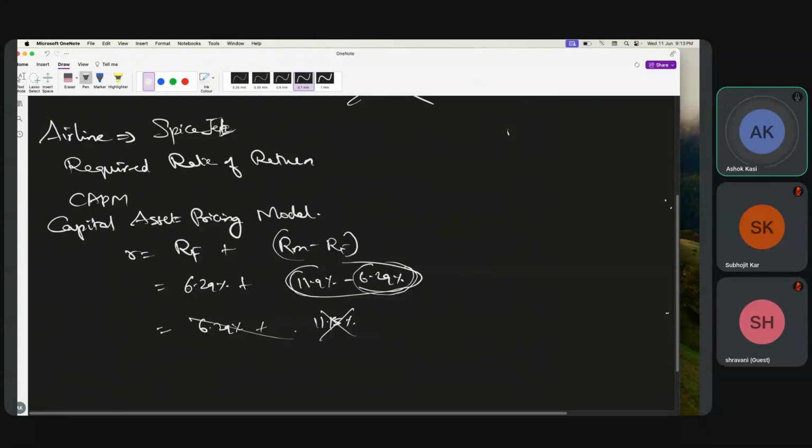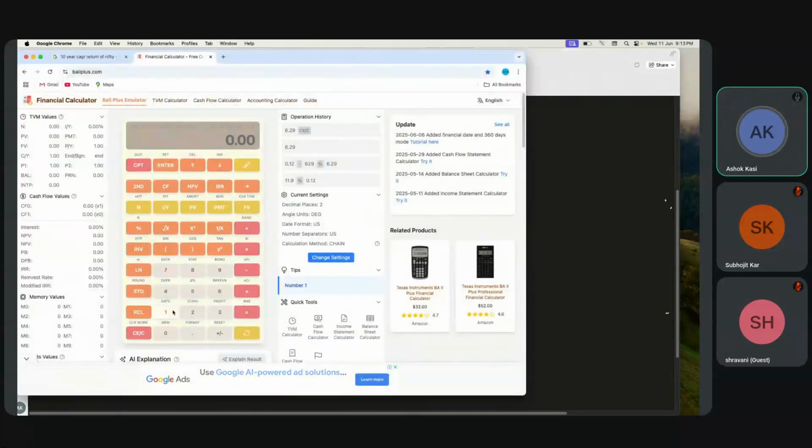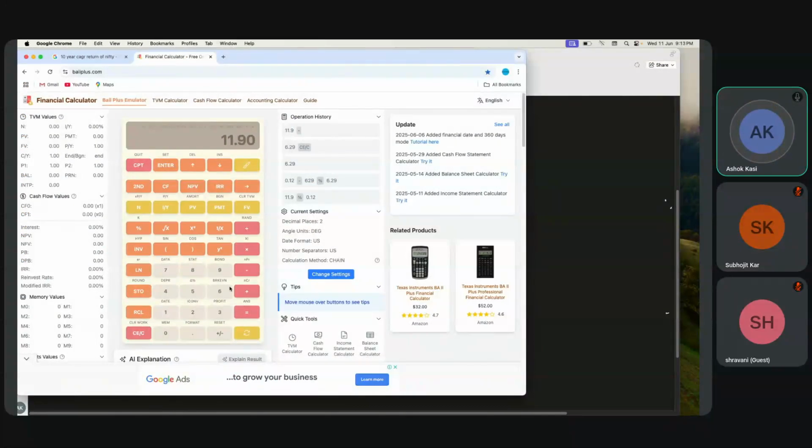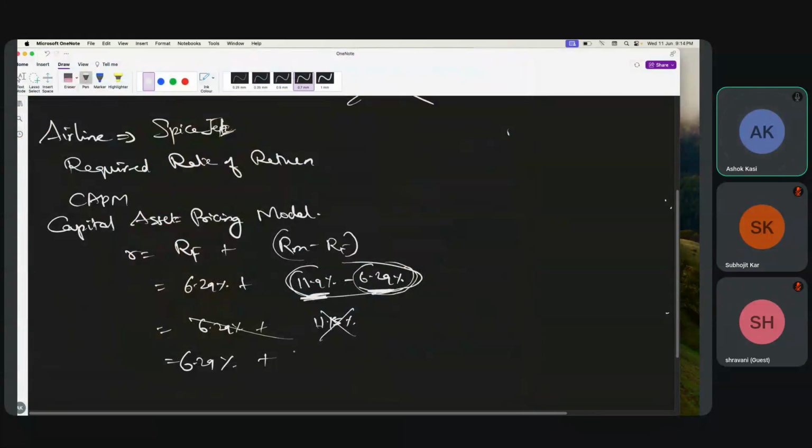So whenever you want to add or subtract percentages, ignore the percentage and then add or subtract. Multiplication and such are fine. So 11.9 minus 6.29 is 5.61, and then you suffix with percentage.